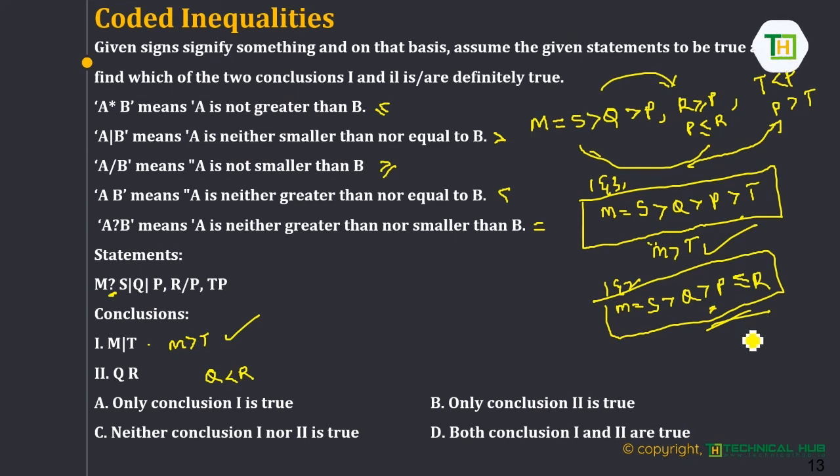You can say either less than or greater than, but the exact relation can't be identified. So conclusion 2 is false. Only conclusion 1 is true, so given the options, A is the correct answer.